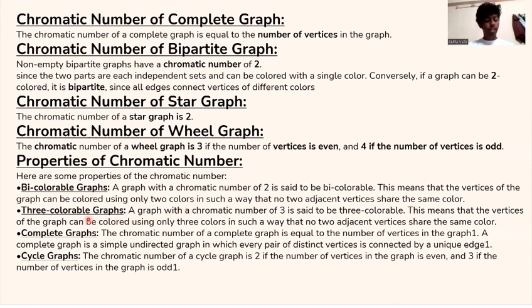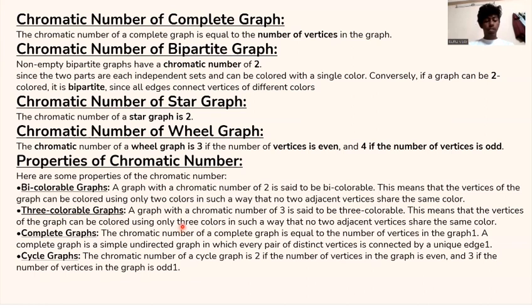And another one is three colorable graphs. A graph with a chromatic number of 3 is said to be three colorable. This means that the vertices of the graph can be colored using three colors in such a way that no two adjacent vertices share the same color. So, just like the bicolorable graphs, here also, if the chromatic number is 3, then it is three colorable.